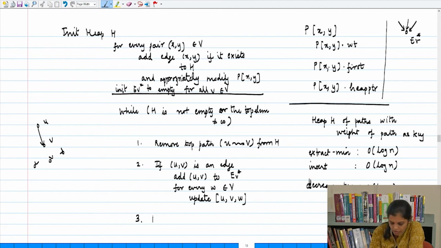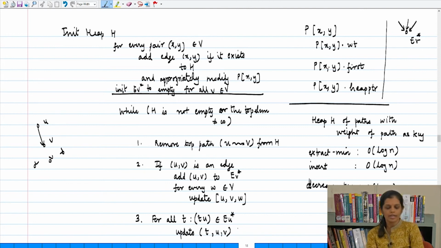So what we will do is, for all T such that TU belongs to EU star, you want to do update TUV, right. So at some point, if you have aggregated some edges in EU star, then you look at all the incoming edges and say that I will go do update TUV.